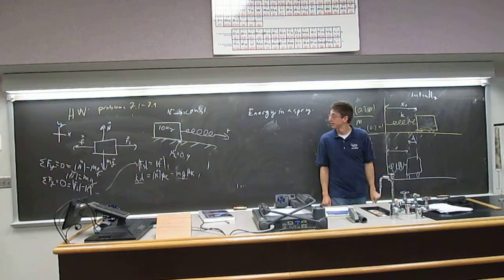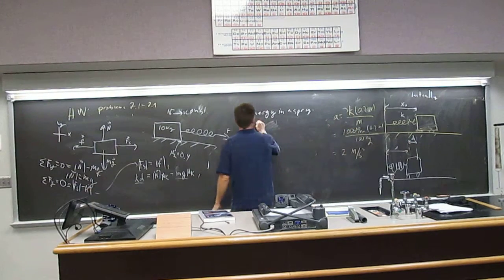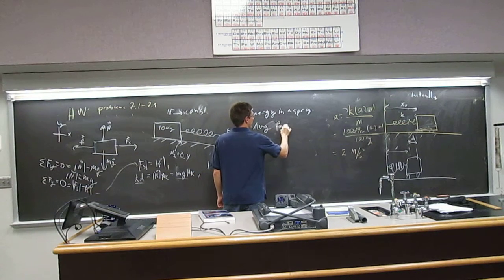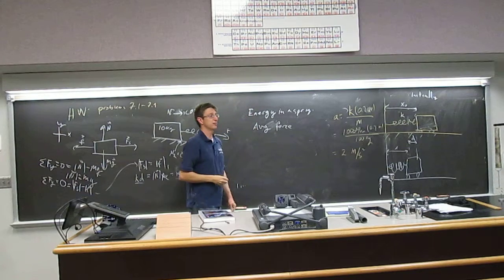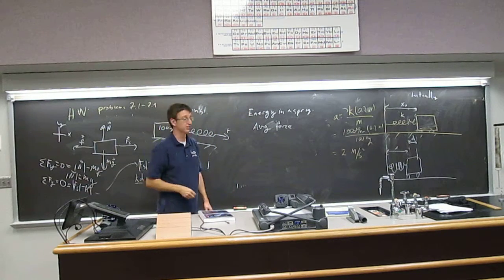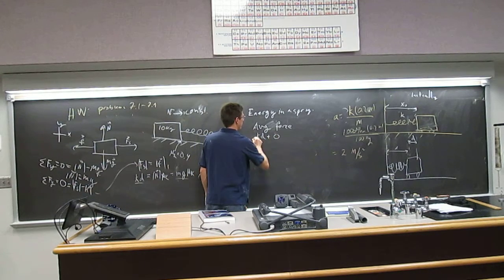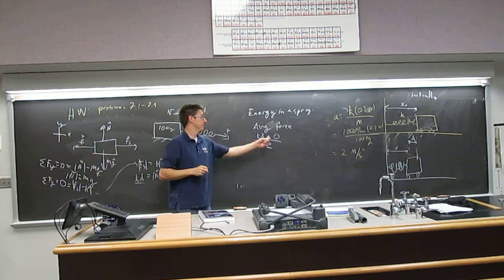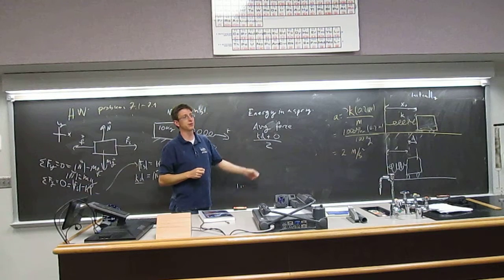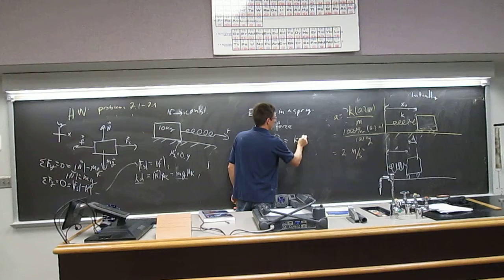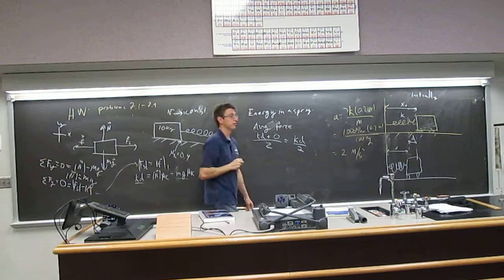So the average force that I would have to exert to compress the spring a distance d would be kd plus 0 divided by 2. Initial force plus final force divided by 2, which would be kd over 2.